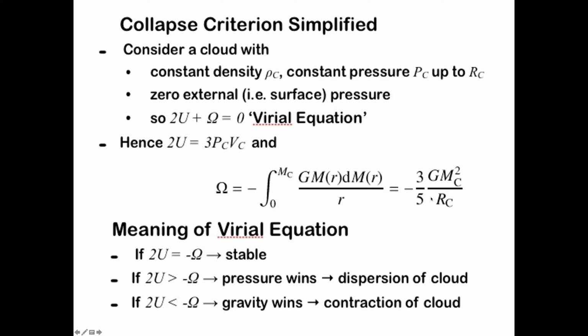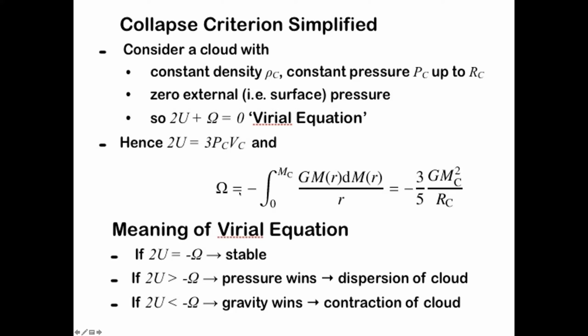So the gravitational potential term here, for a spherical cloud of uniform density, is minus 3/5 GM squared over R. Right, so you can measure masses, you can measure radius, so you can actually estimate immediately from the observations if your cloud, in the absence of magnetic fields, can collapse or not.